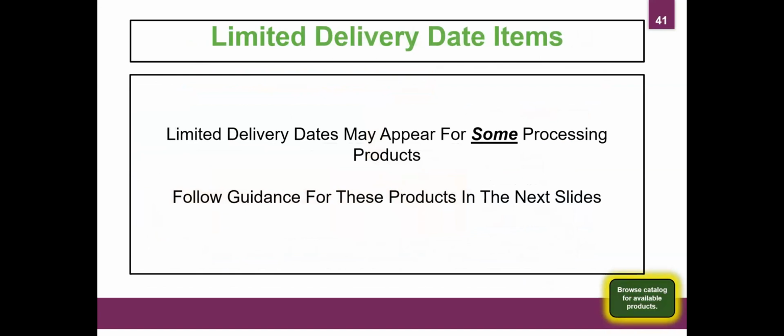So what you're going to find with processing is that some of the items, whenever you put in your product material number and it opens up the delivery date screen, you will find that you have limited delivery dates. So do not panic when that happens. We're going to explain a little bit of that to you, because when we went through the pilot, we had some of that and it created some unnecessary panic.